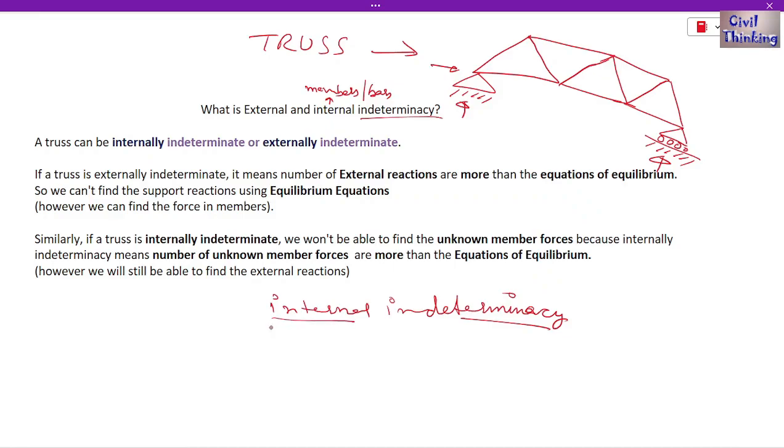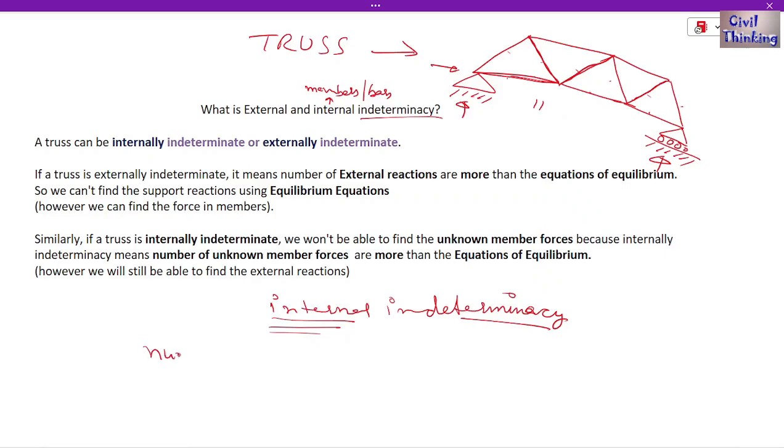When we talk about internal, we have to dig deep. So we have to talk about members. How many members do we have here? This is 1, 2, 3, 4, 5, 6, 7, 8, 9, 10, 11. We have 11 members.